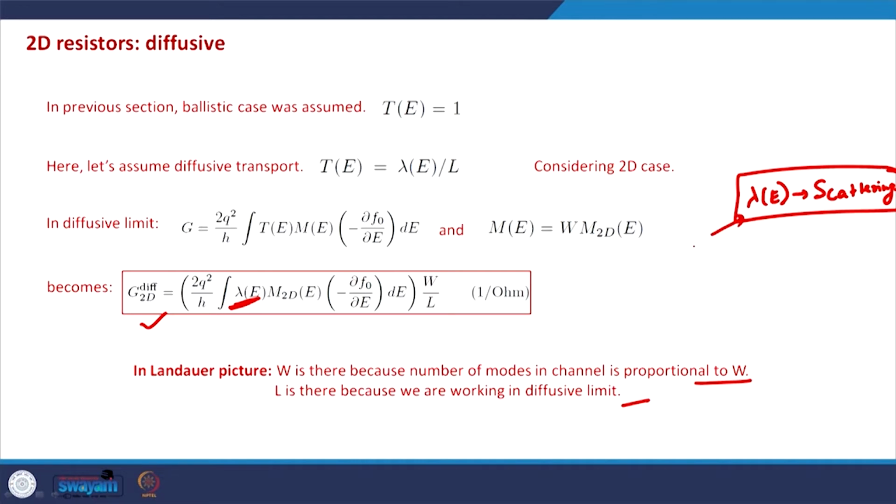But at the moment, let us assume that we are aware of the mean free path or the scattering mechanisms in the channel, and from there, if we put the expression of lambda E in this conductance expression, we can calculate the conductance in the diffusive case.